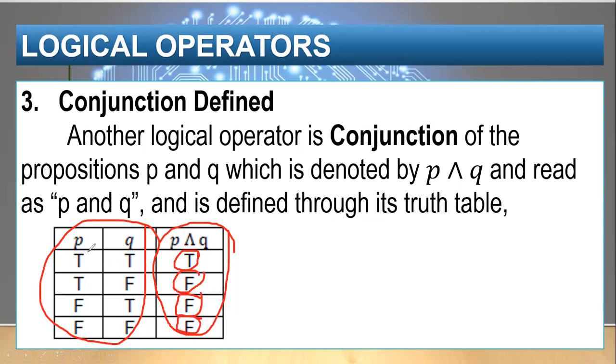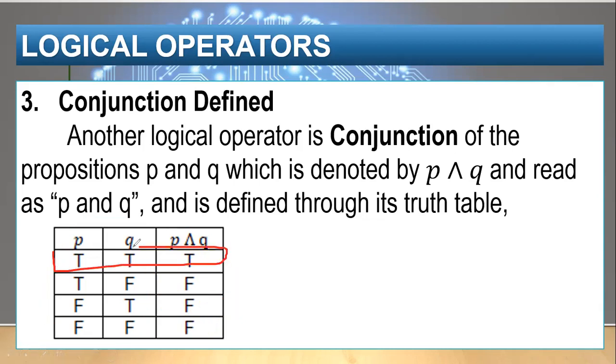Okay, so titingin tayo sa P at saka sa Q. So let's see for the first scenario. So P and Q, no? So true and true. So pag kinonjunct natin, so true and true, that will be also true. Okay? So pag true, false, false. Pag false, true, that is false. Pag false, false, that is also false.